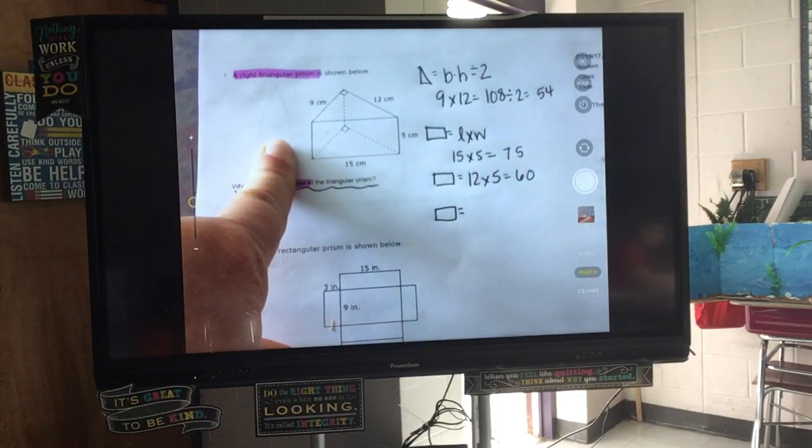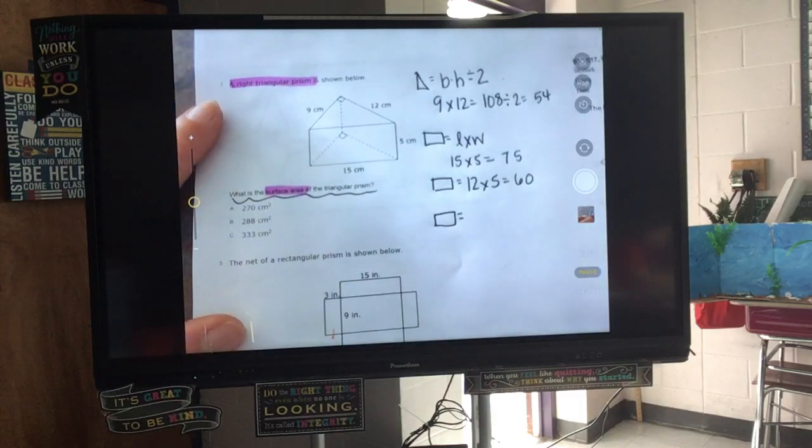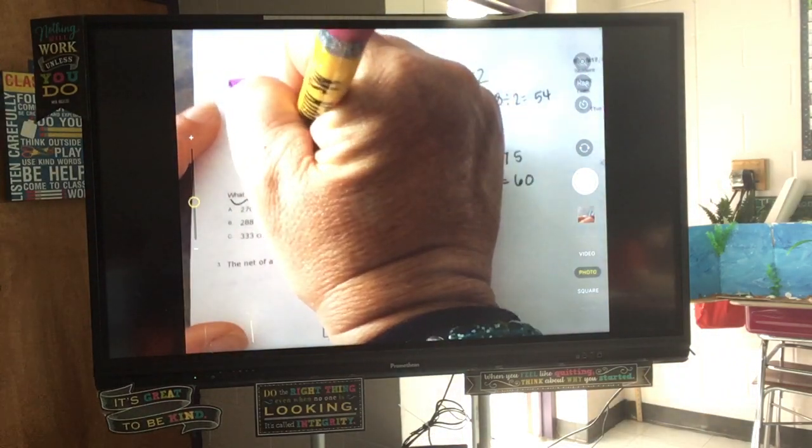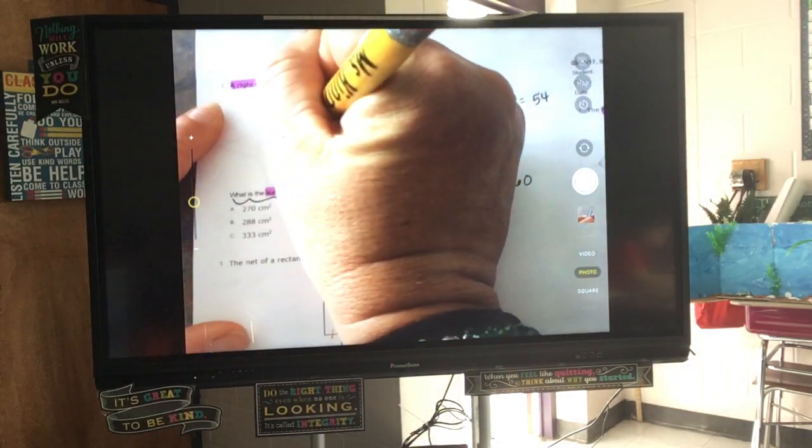How do I figure that out? Ben? Use the 5 from the other rectangle we just did and add. Why? Because on a rectangle, one set of sides are the same and the other set of sides are different. Yes. So essentially Ben's saying the opposite sides are the same.